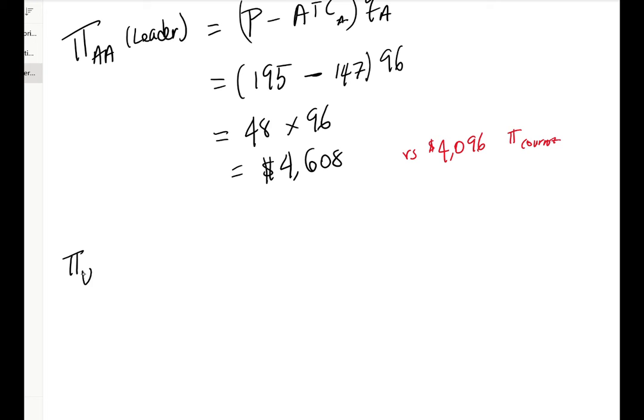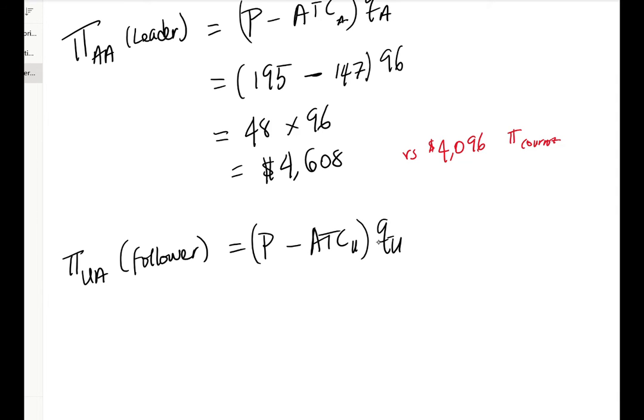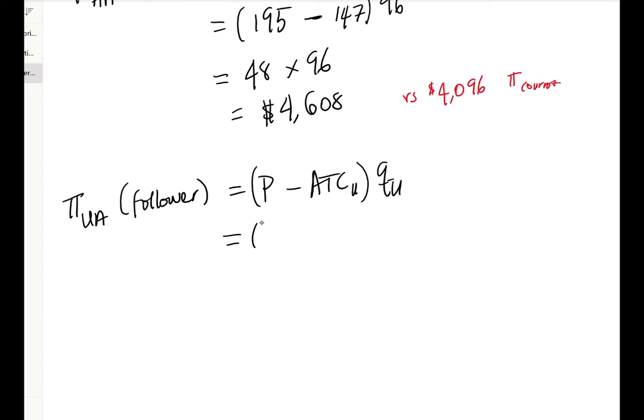Profit for the follower, United, is equal to P minus ATC for the follower times the quantity that United sells. Remember, they get the same price regardless. So 195 is the price minus average total cost, which is 147. They have the same cost and the same product.